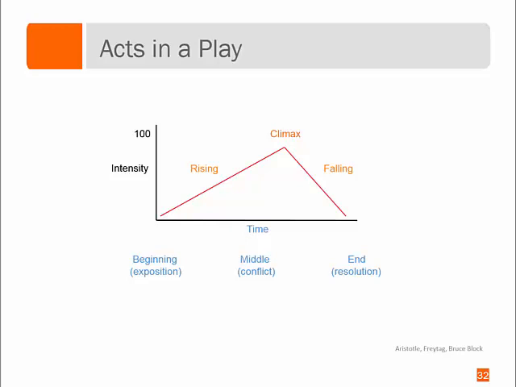Then we'll have falling action. Basically, we're bringing our audience down off the ledge from the climax, and then we'll have an ending or a resolution. And so Freytag has added for us two additional elements of rising action and falling action to give us more nuance, more complexity, more texture in the story.